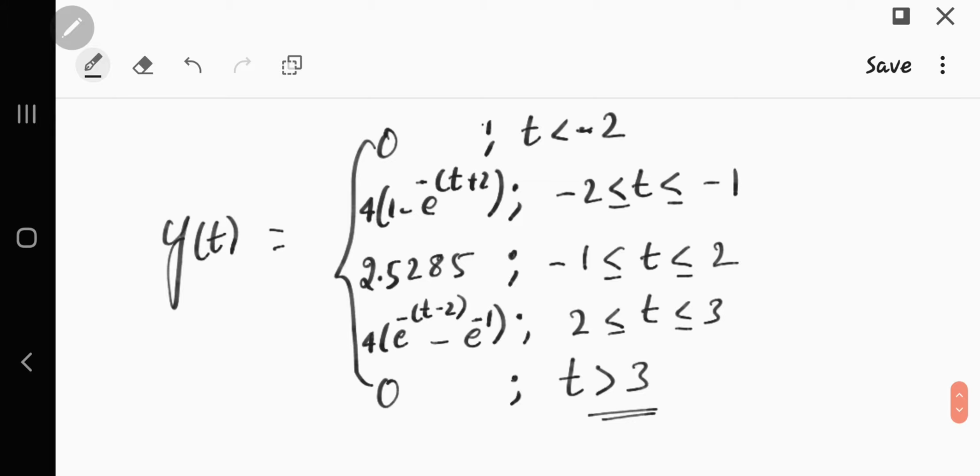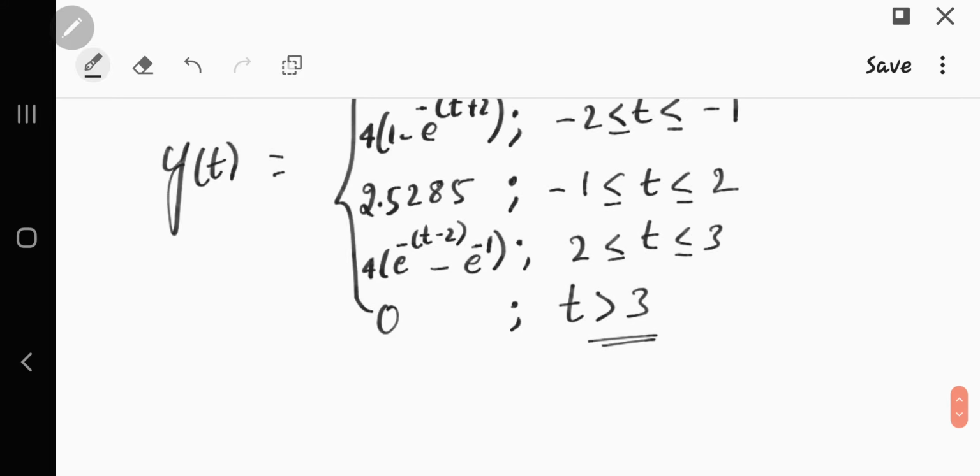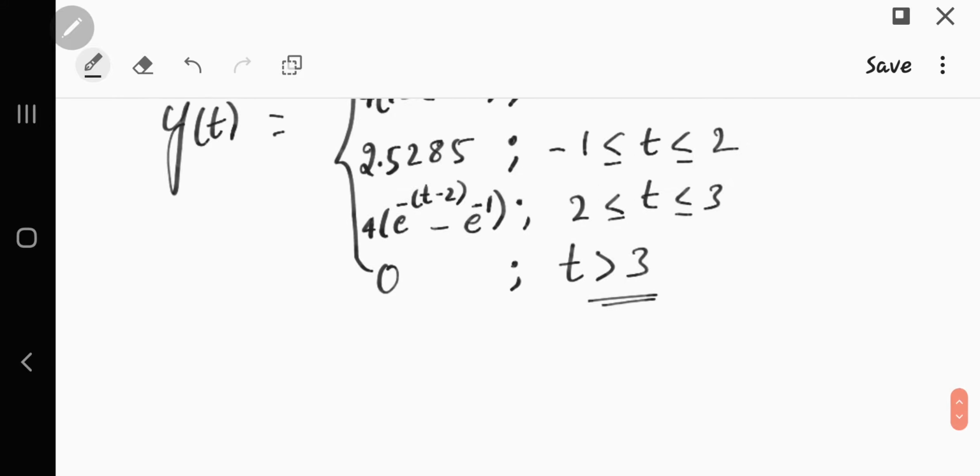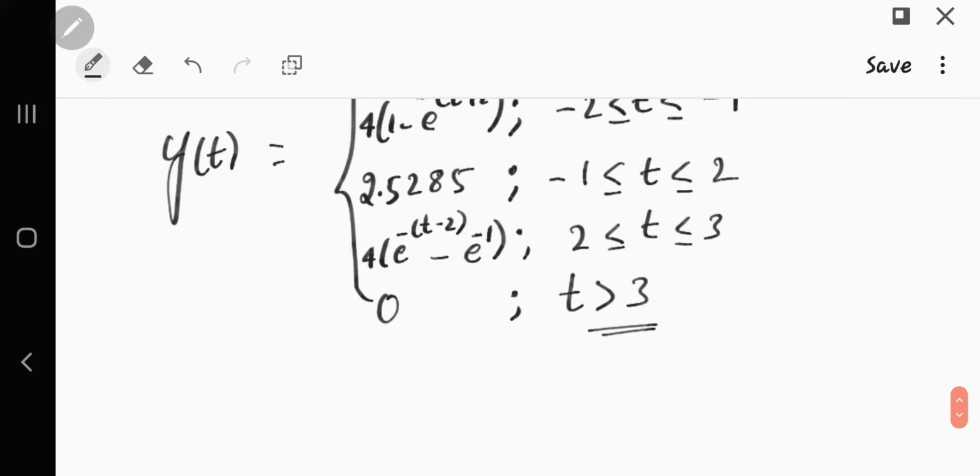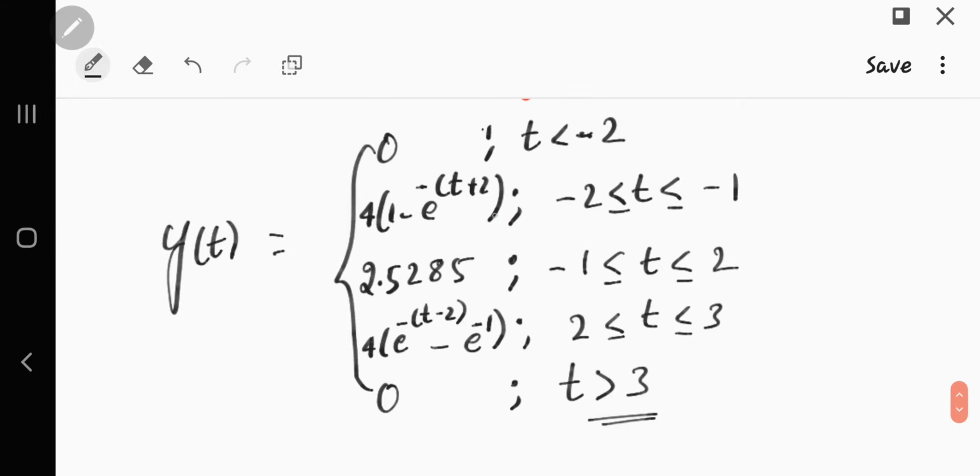Hope you have understood this problem, and I will ask you to plot y of t by using these values. So here you have to put values for t from minus 2 to minus 1. You will get the value for that one, and using that you can complete the plot. And here it is 2.5285 from minus 1 to plus 2, so that is okay.